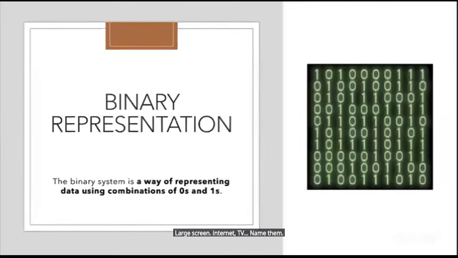Their foundation, they represent their data using only digits, zeros and ones. So each zero or each one is called a bit, and combinations of bits represent numbers, letters, images, and other data types.